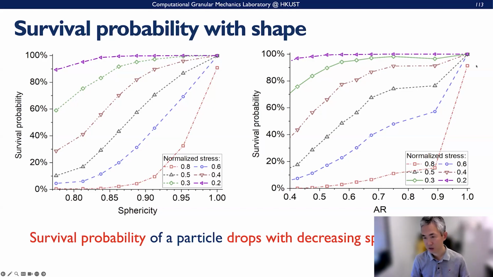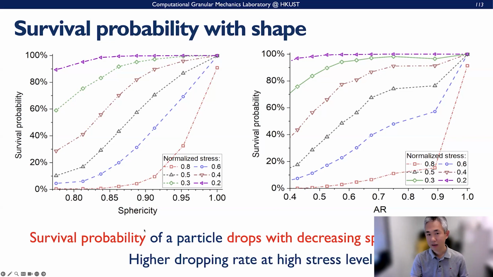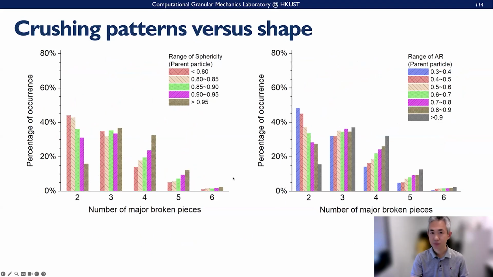And also with the aspect ratio, which means that a spherical particle is more likely to survive the crushing than a non-spherical particle. This is the general translation of this observation. And when the pressure is high, this one drops faster here, right? So these are two observations here.